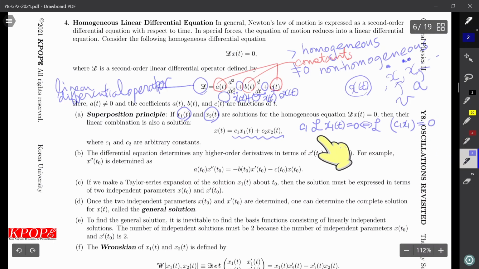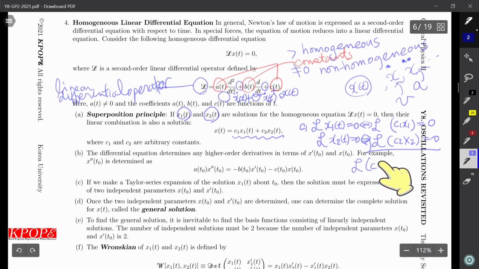equals 0, too. In a similar manner, c2 x2 equals 0 if x2(t) acted on by the differential operator equals 0. So if we sum these two, then the operator applied to c1 x1 plus c2 x2 equals 0.